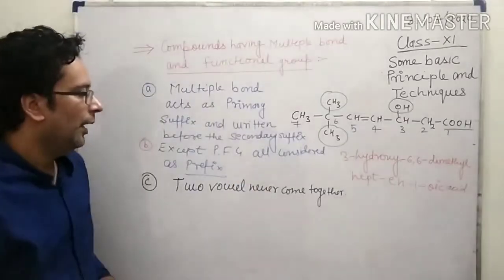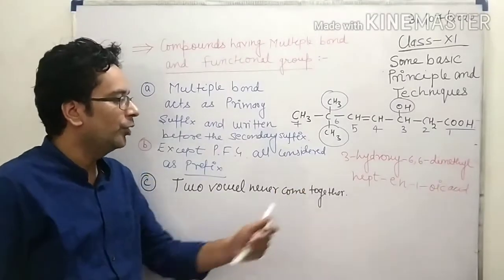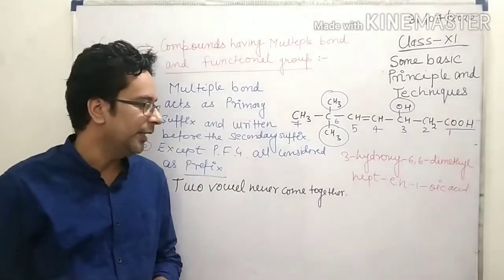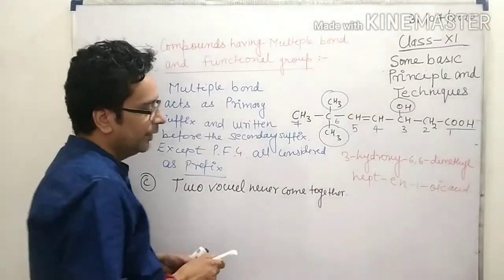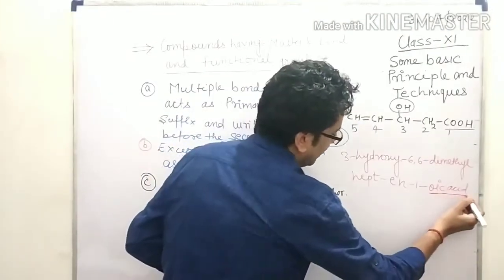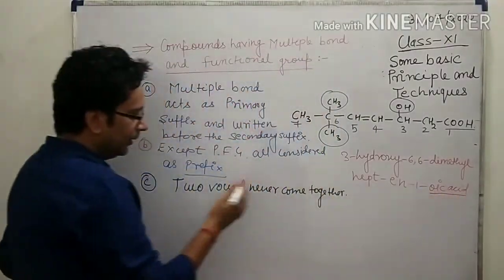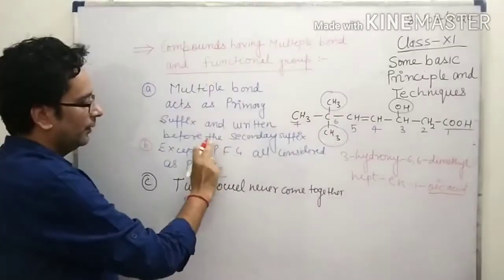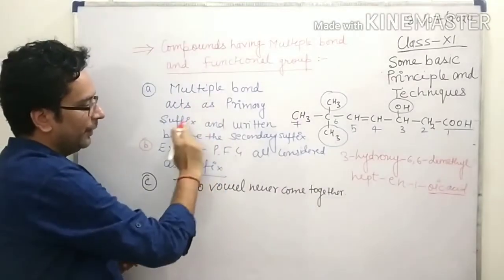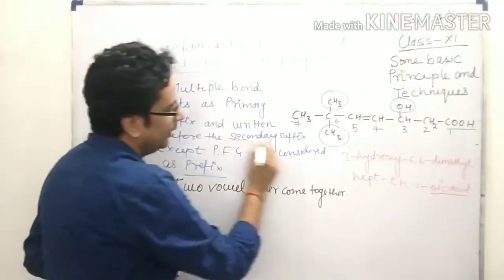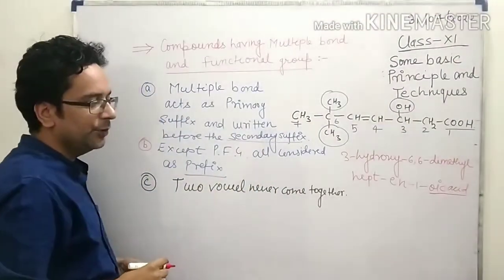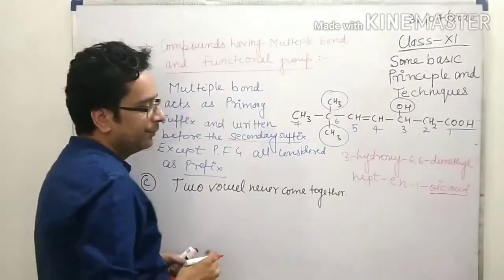So the name of this compound is 3-hydroxy-6,6-dimethylhept. Look here, this is the secondary suffix, that is the principal functional group. Before it, we write the multiple bond as a primary suffix, written before the secondary suffix. Secondary suffix means oic acid, the PFG.